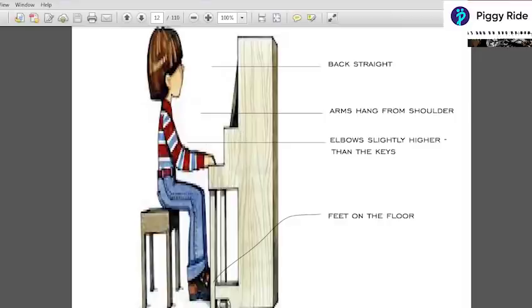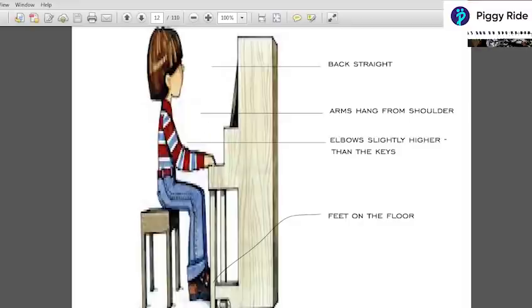On the piano, when you sit, your feet should be properly on the floor, touching the floor, and your back should be straight. You can keep your head like this, or lower it when you are playing the keys.